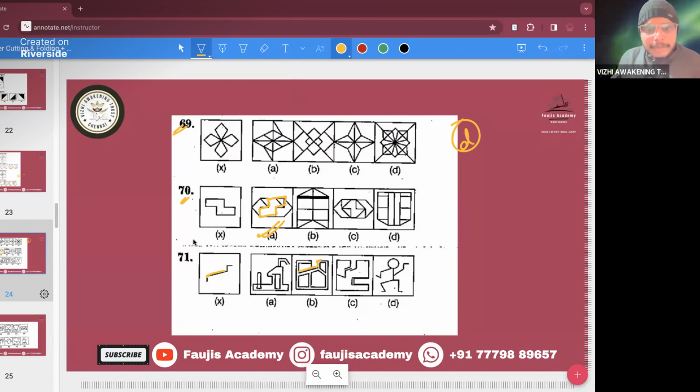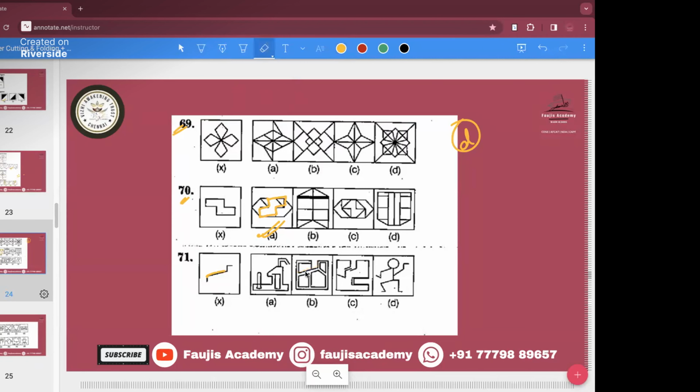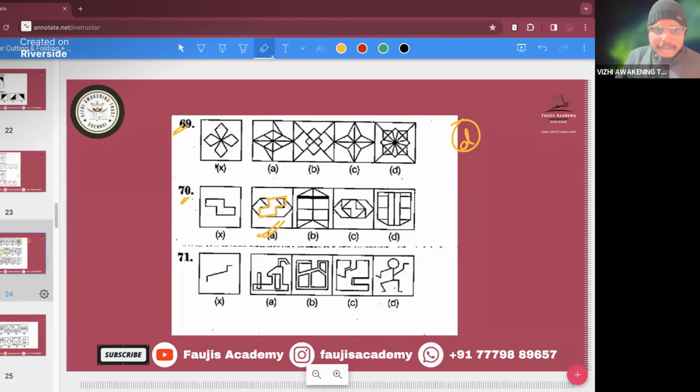We are solving 71, then we will solve 69. Option D. Where this bigger line is not here. C also we cannot form anywhere. These two are gone. This one is disputed.